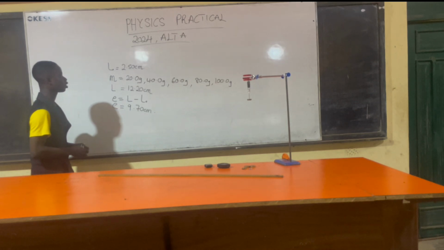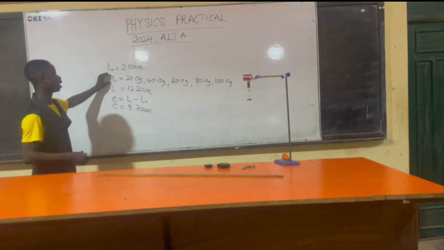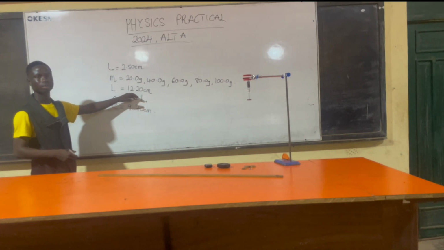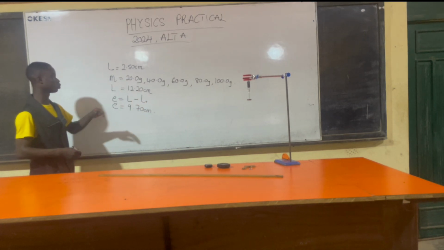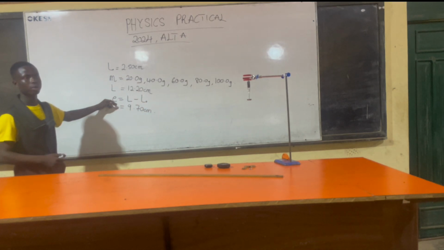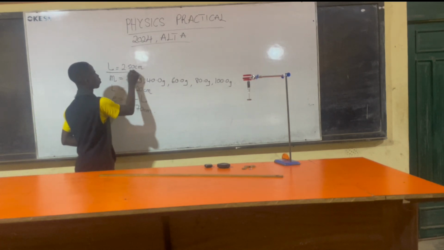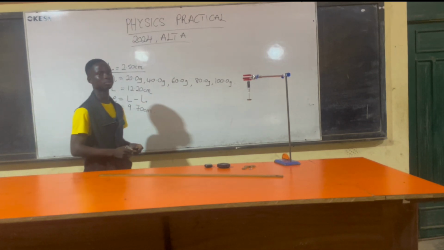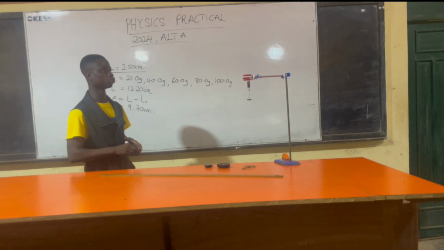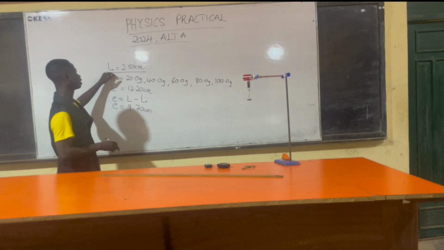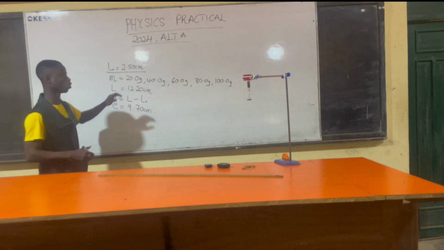For the table of results, since M is changing and L is also changing, as well as E, we will bring them in the table of results. But L0 is constant. It will not come in the table, but we will write it on top of the table of results.